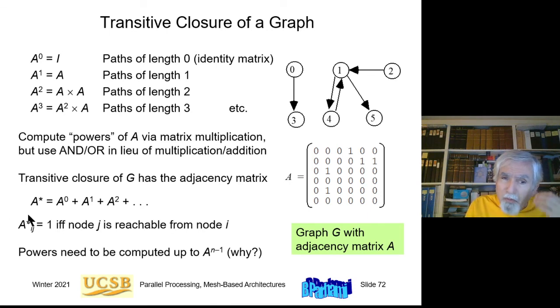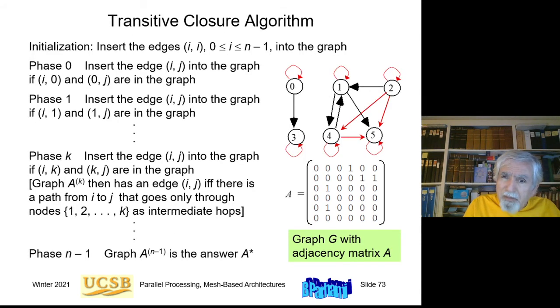That's one scheme, but this requires a lot of operations. We have to compute all the powers of this matrix. So this other algorithm I leave up to you to study if you're interested in.